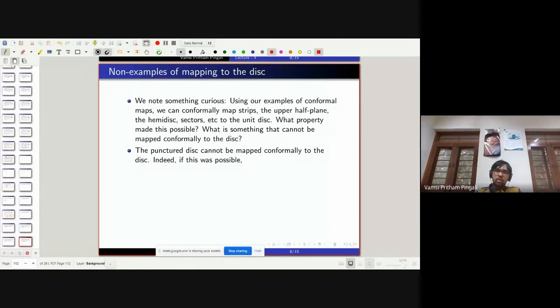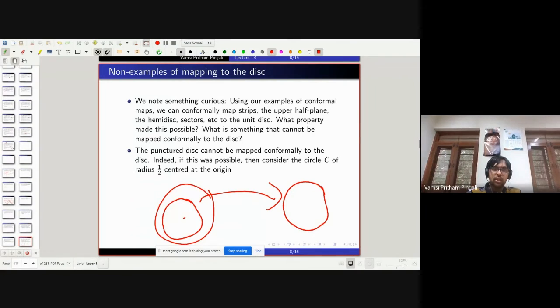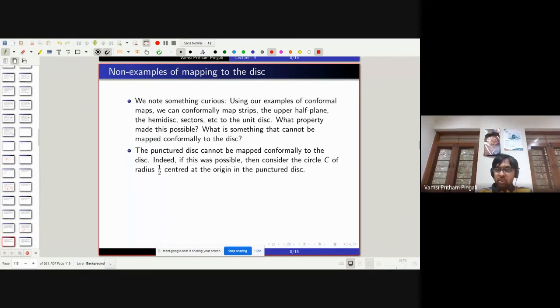Indeed, if this was possible, then consider the circle of radius half. So what is a punctured disk? Simply the unit disk except for this point. And if this could be mapped conformally to the unit disk, consider a circle of radius half centered at the origin in the punctured disk. The integral of 1 by z over it.